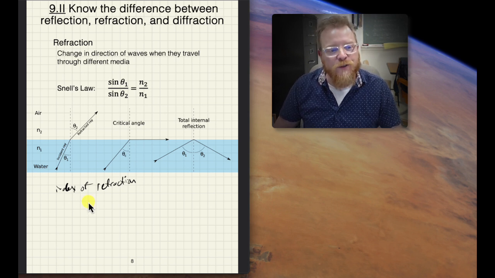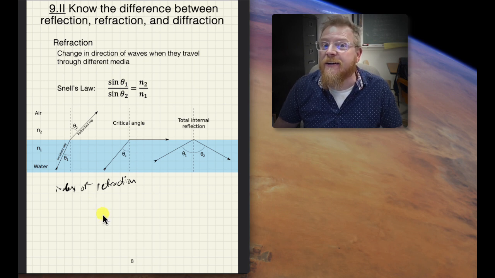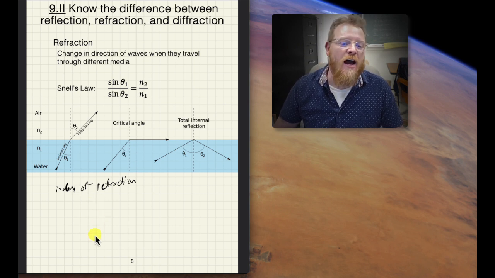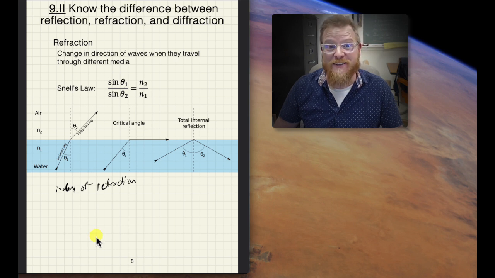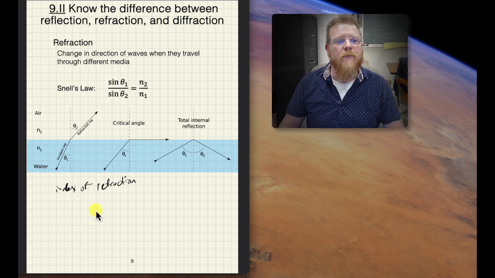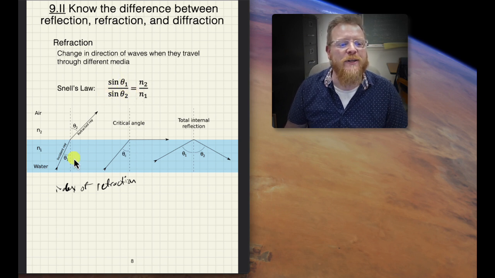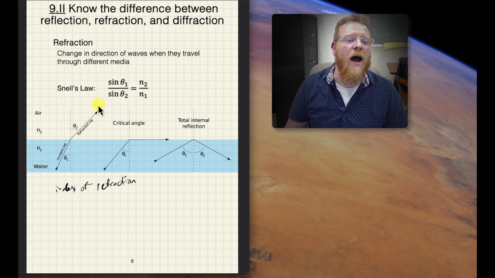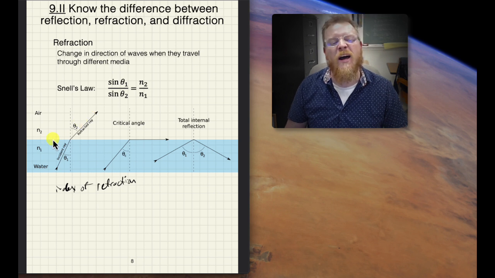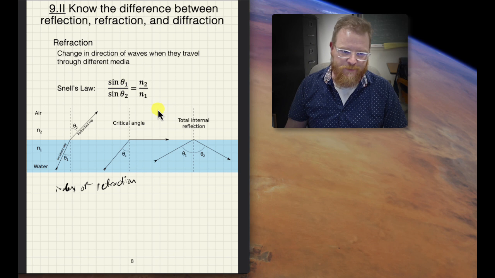Typically, it will travel slower through more dense media like a liquid versus media that has no density at all like a vacuum. I'm not going to spend a whole lot of time going through Snell's law, but the angles of incidence and refraction will be based on the ratios of the indices.